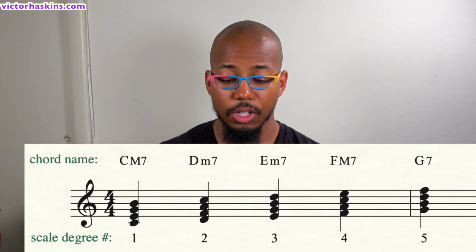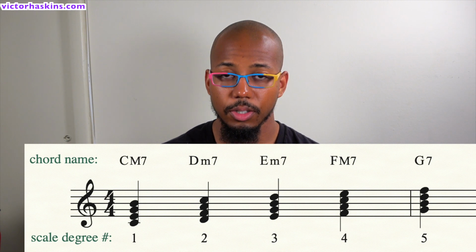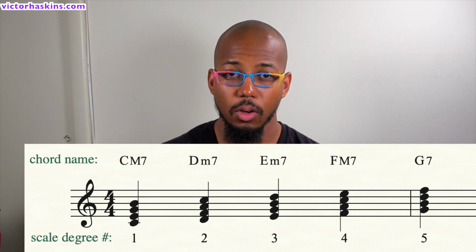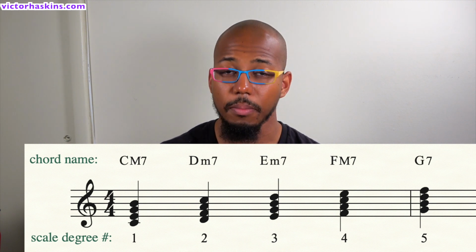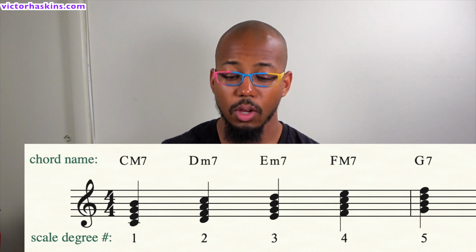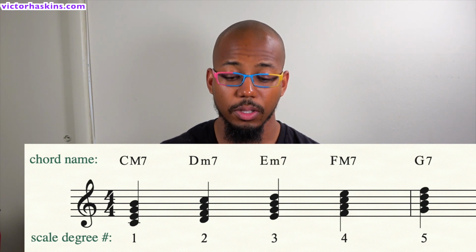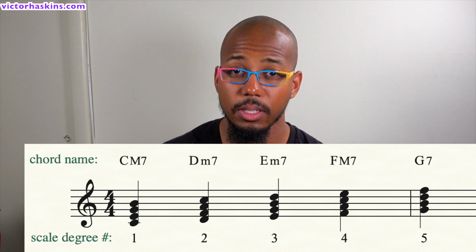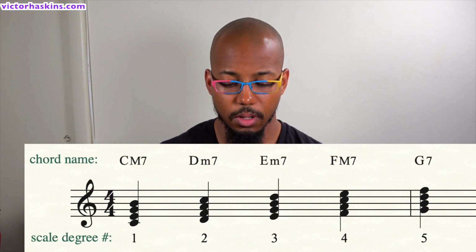Our diatonic 7th chord based off of the fifth scale degree is G dominant 7. We have a G major triad, G, B, D, with an F on top, which is a minor 7th. A major triad with a minor 7th interval on top gives you a dominant 7th chord.